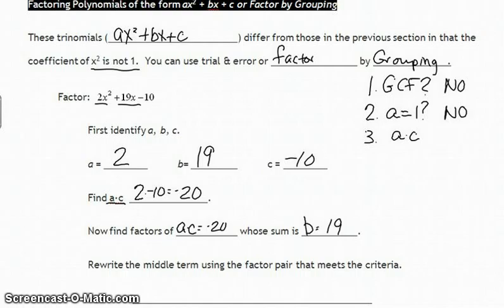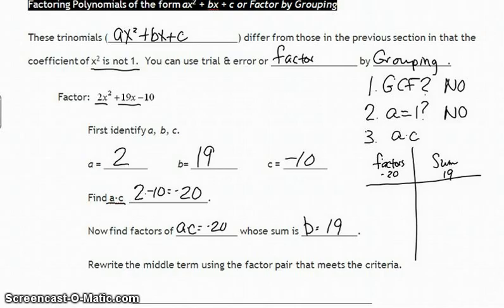If you can see what those two factors are, the pair that works, great, you can write them down. If not, you can make your factor chart: factors of negative 20, sum 19, just like in our previous process.